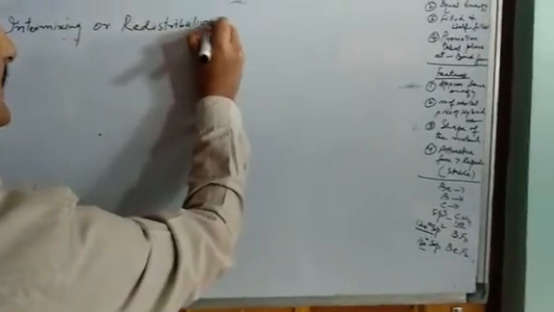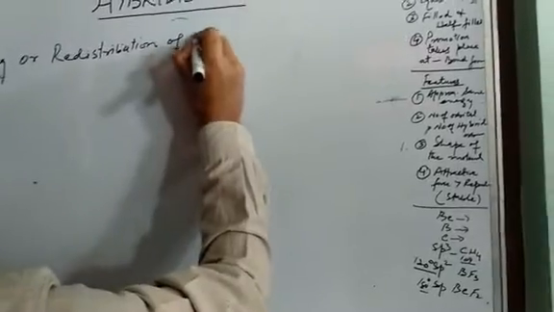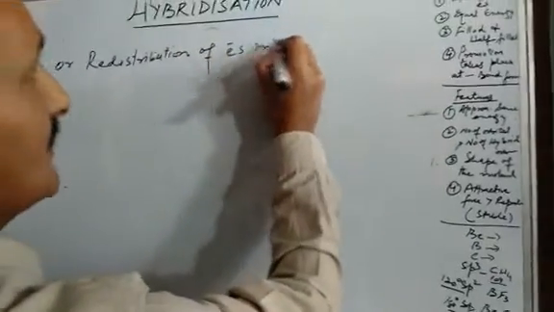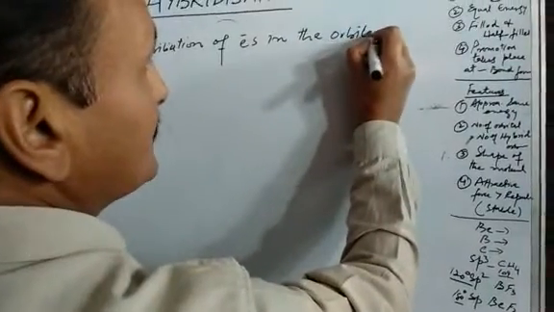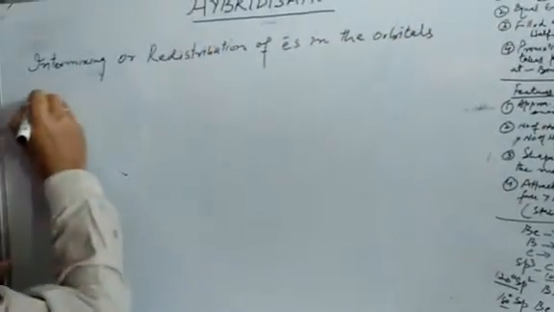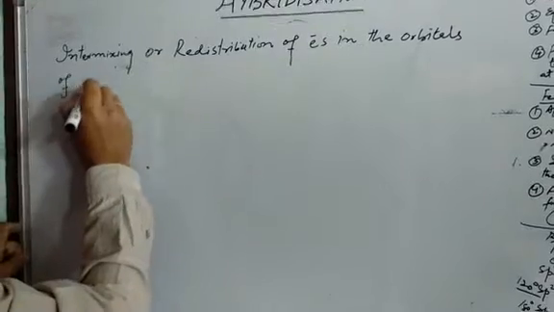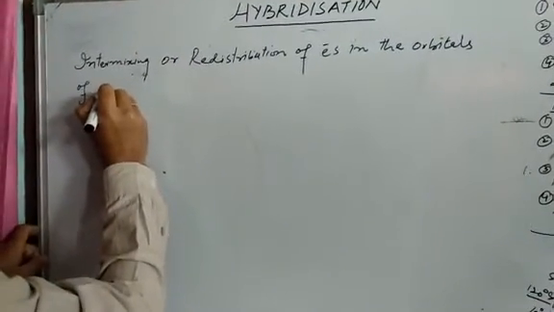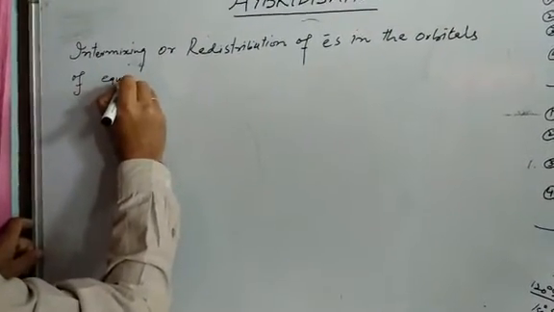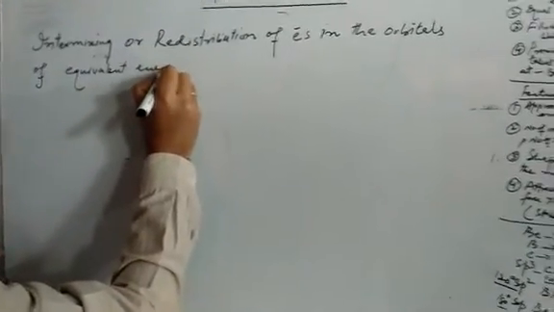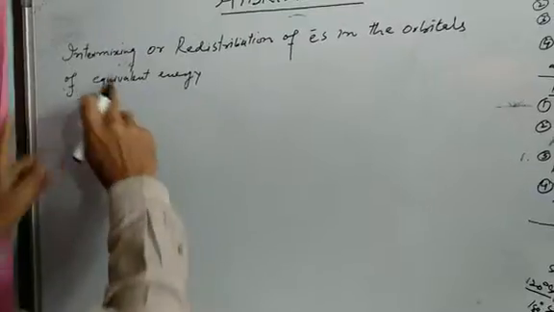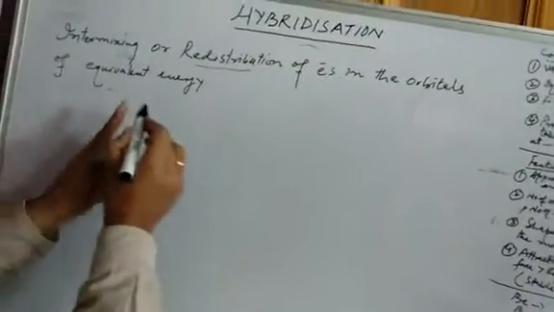It is intermixing or redistribution of electrons in the orbitals of equivalent energy, those orbitals which have approximately similar energy.